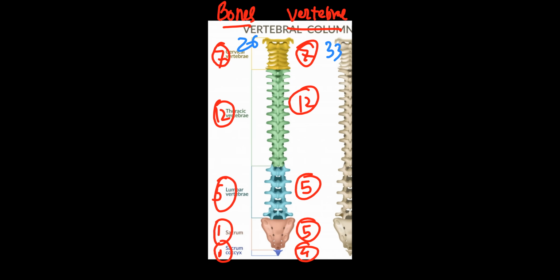This is how there are 26 bones in the vertebral column and there are 33 vertebrae in it. Got it?